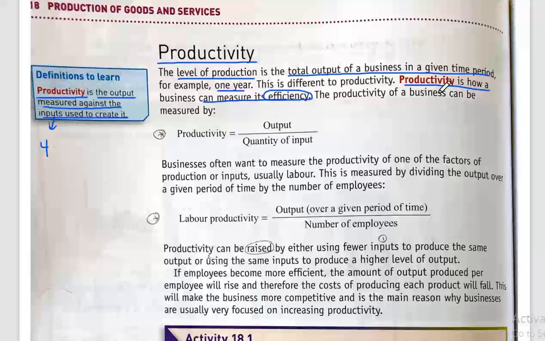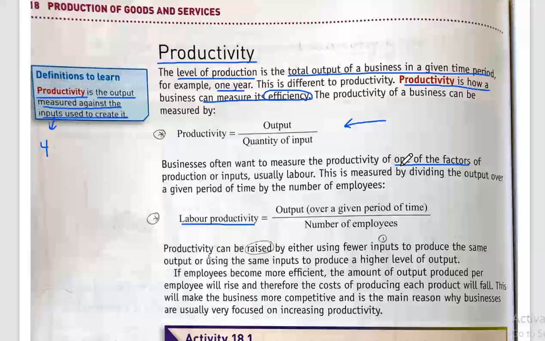The productivity of a business can be measured by the productivity and the labor productivity. So starting with productivity, I'm measuring the output that I got divided by the quantity of input. Businesses often want to measure the productivity of one of the factors. So if I want to see the productivity of my laborers, like they are one of the four factors of production I'm using, I want to measure the labor productivity.